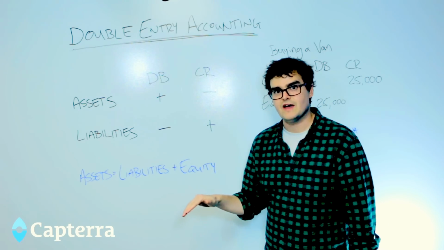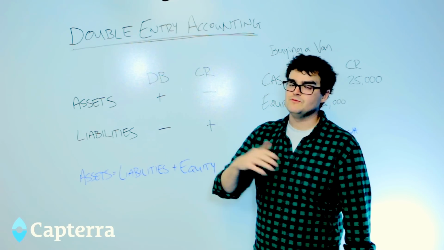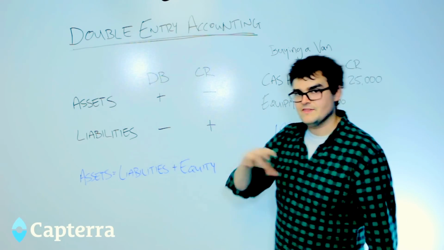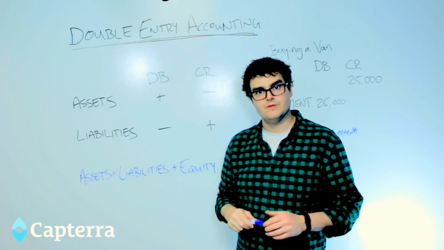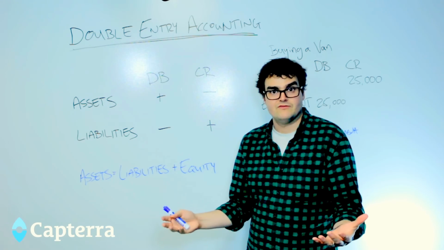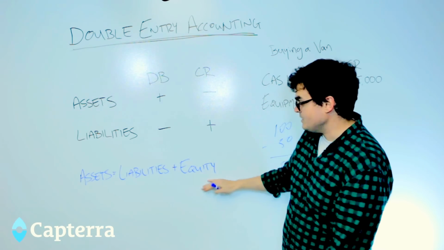You lose all of that when you just do cash accounting. When you move beyond cash accounting into double entry accounting, you get that granularity, you get that view of your business that says, here's where I spent the money, here's where the money that I have left is, and here's how much equity I have in the business.